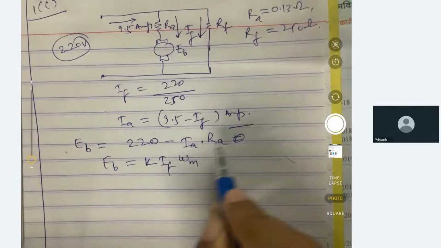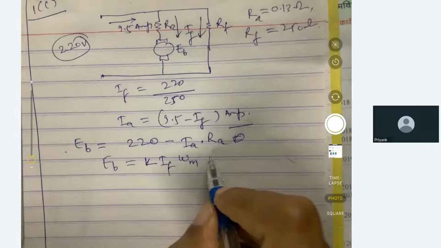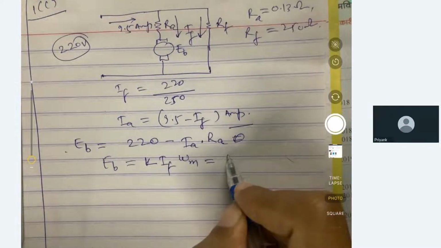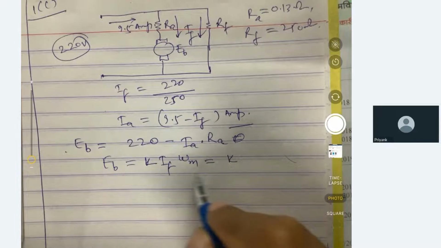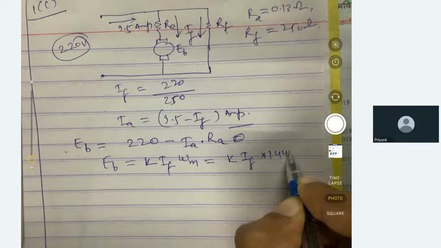We have found the value of back EMF, and we know IF, and omega m is given as 1440 RPM, so we write 1440 divided by 60 into 2 pi.